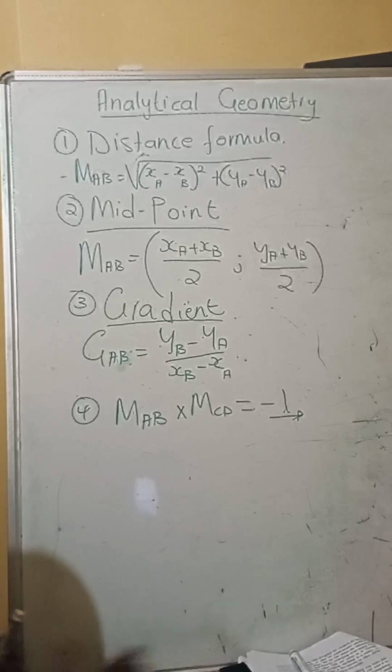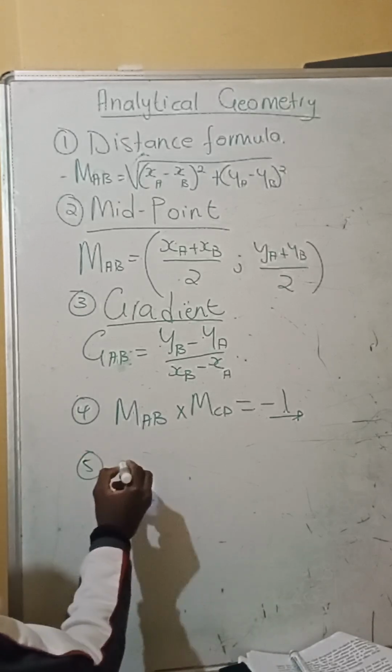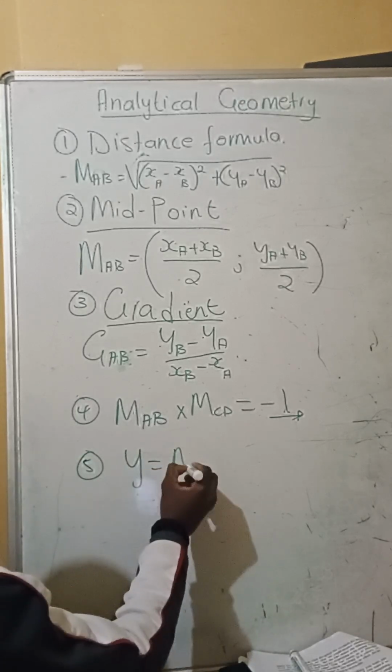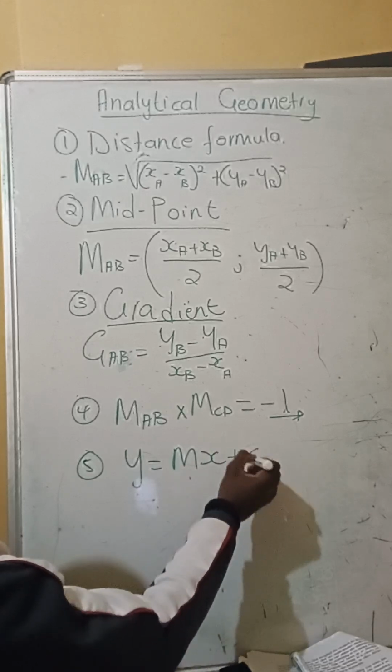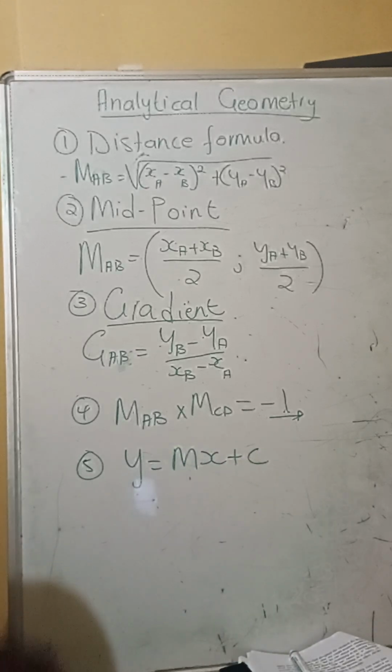The last one is where they will say to you, find the formula in terms of mx plus c. These are the formulas that we are going to deal with in analytical geometry. I'm going to do a few examples and then give you some to work on.